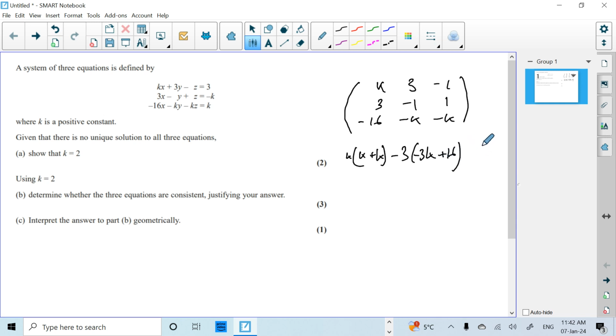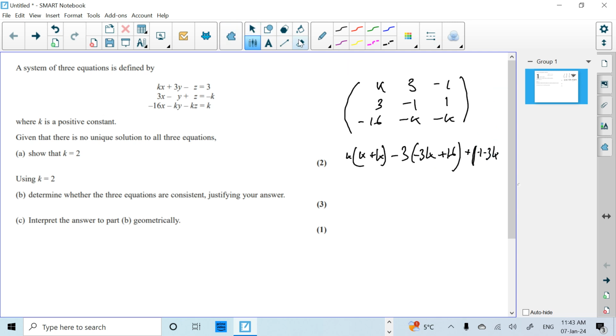And then that will be added to minus 1, minus 3k minus 16.